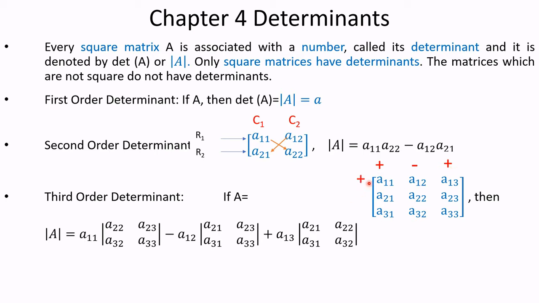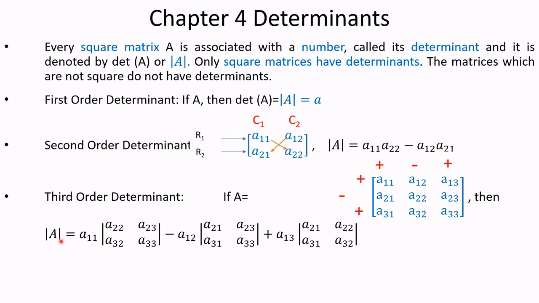Similarly, when we start with a column, we start with plus and then minus for the second row, and for the third row again plus. These are the sign conventions followed in the calculation and simplification of determinants.